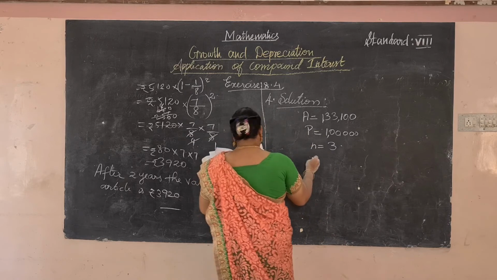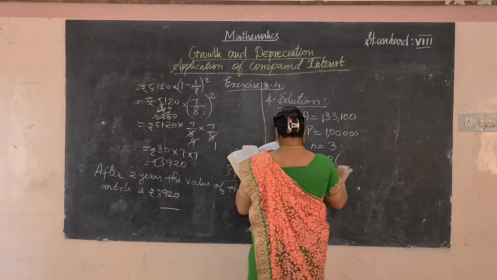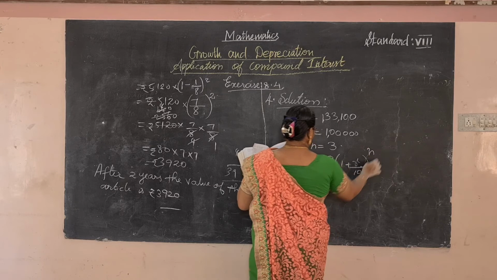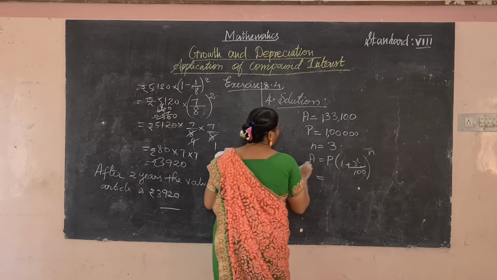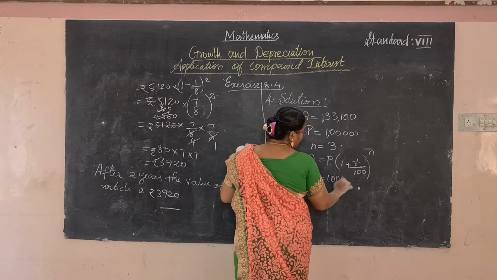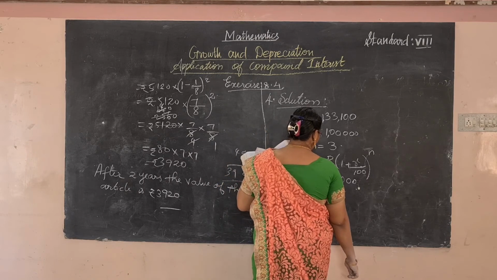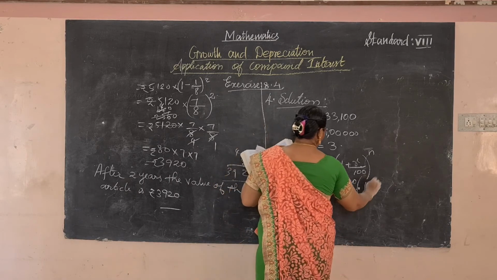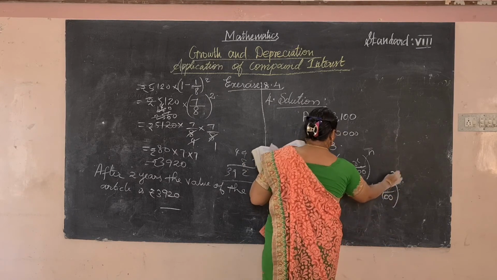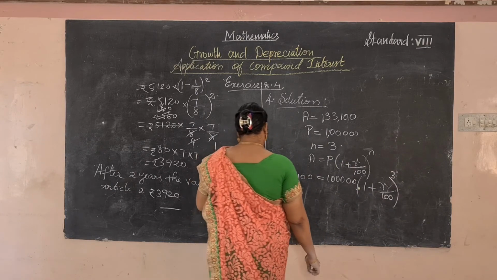So formula: increase or decrease? Increase. So A is equal to P of (1 plus R by 100) the whole power n. Amount is 1,33,100 and P is 1 lakh, so 1 plus R by 100 the whole power 3.